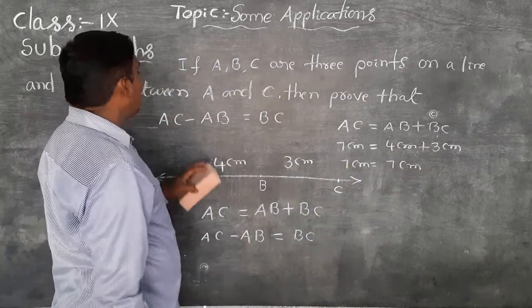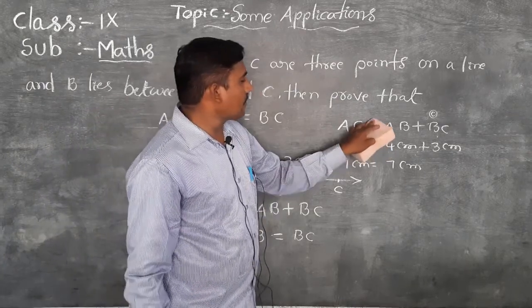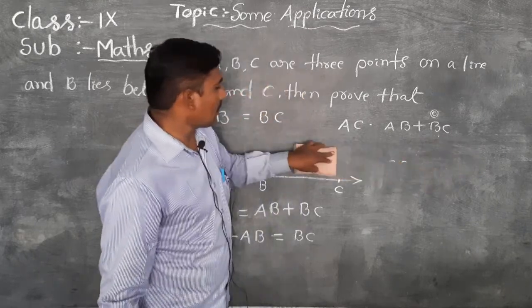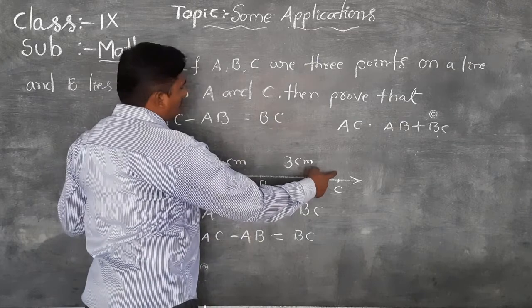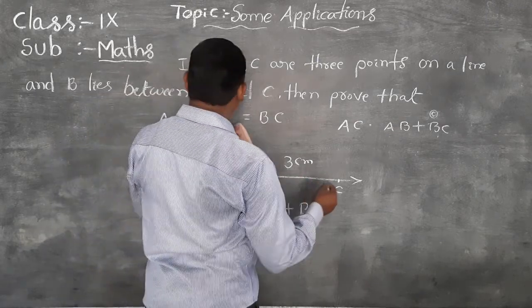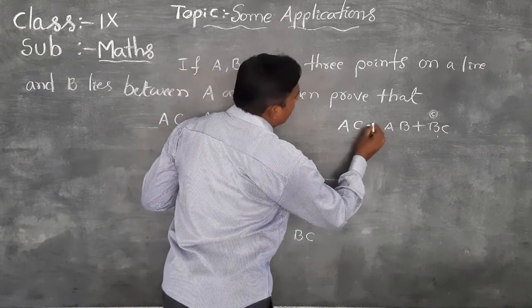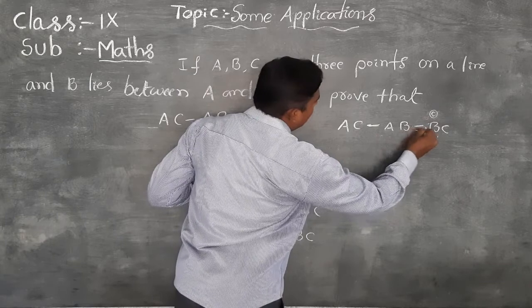Now, what is he asking? Subtracting AB from the total, we will get the BC value. So AC minus AB is equal to BC.